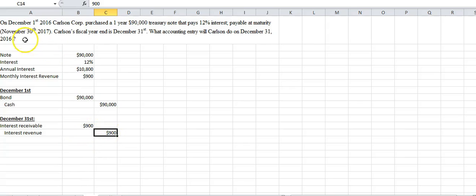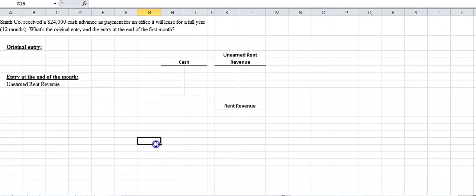Once November 30th comes by, you will receive your cash back, and you will go ahead and close the interest receivable over here. Okay? So that one is quite simple as well. And if you don't understand it, just ask me in class. Let's do the last one.